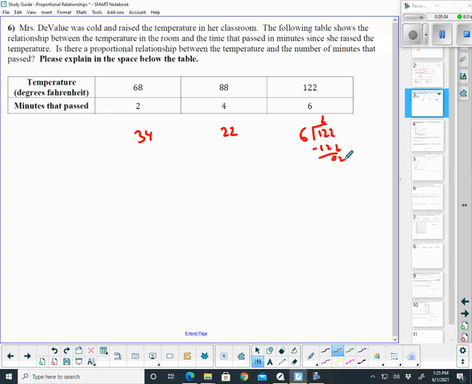Bring down the 2. 6 goes into 2 zero times, and we have a remainder of 2. So this is 20 and 2/6, or 20 and 1/3. Clearly not the same constant of proportionality in any of these cases, right? So no, it is not proportional.